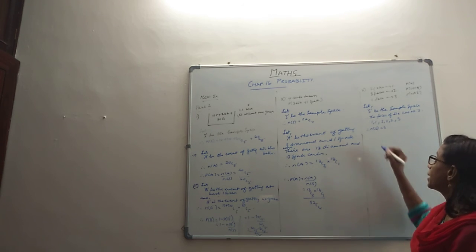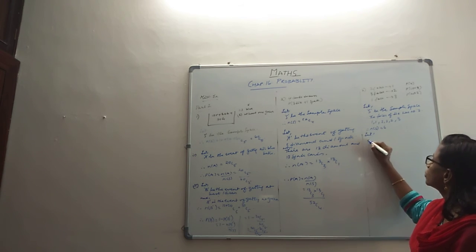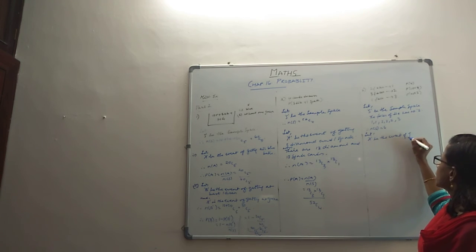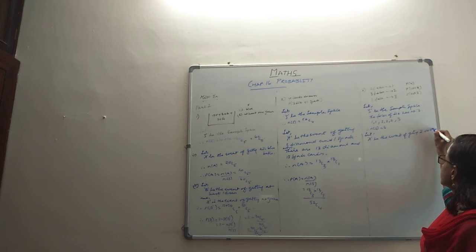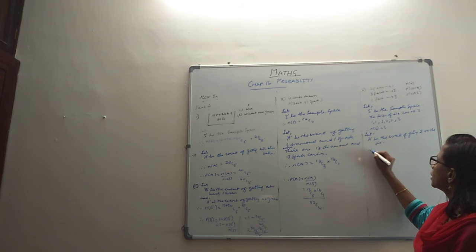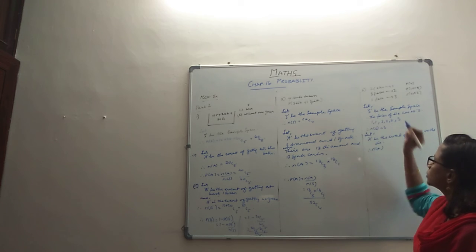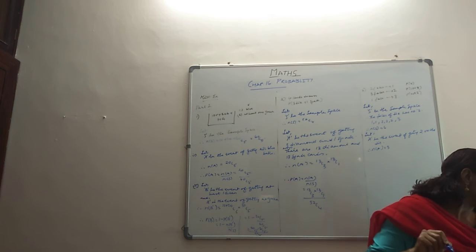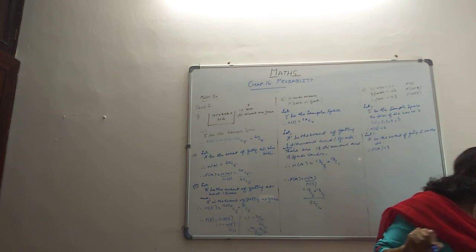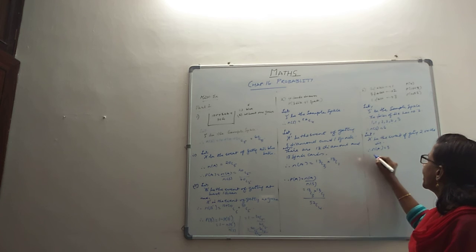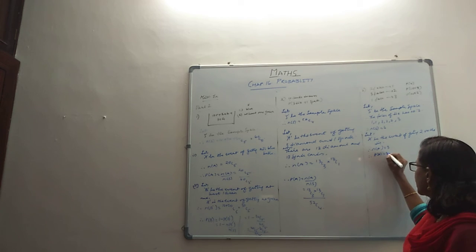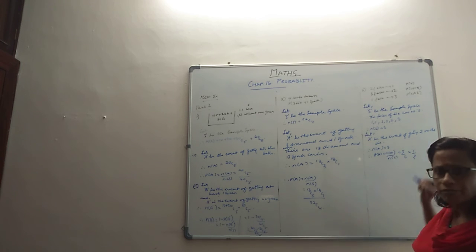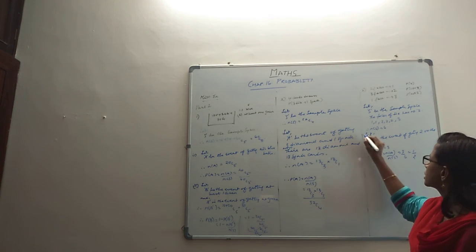Now let A be the event of getting 2 on the die. How many choices do you have for getting 2? 1, 2, 3. 3 choices. So n of A is 3. Therefore probability of A is n of A by n of S, which is 3 by 6, which is half. That's the first thing.